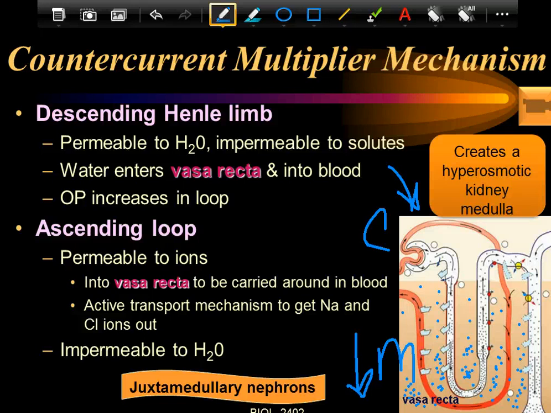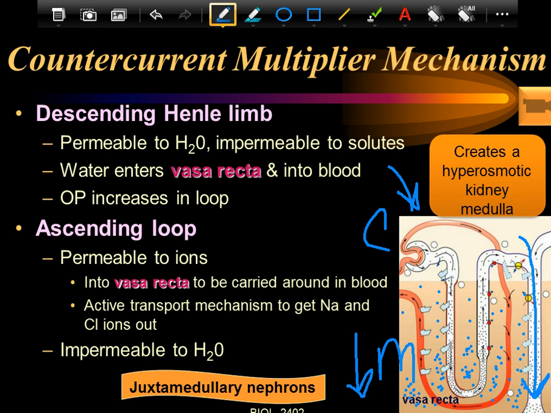Sodium is a powerful osmotic molecule for water, to draw water out. So we are setting up an osmotic gradient of sodium to draw water out of the nephron so that all the water doesn't go out in your urine.